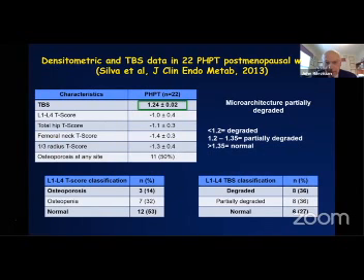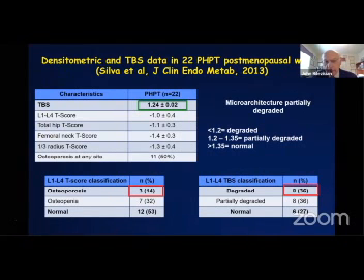And using TBS, we've been able to show that the worst classification, namely the degraded classification, is seen in about 36% of our patients. If you again go back to the lumbar spine DEXA, only about 14% of our population had frank reductions in bone density.